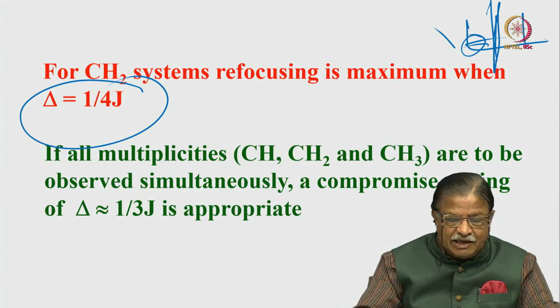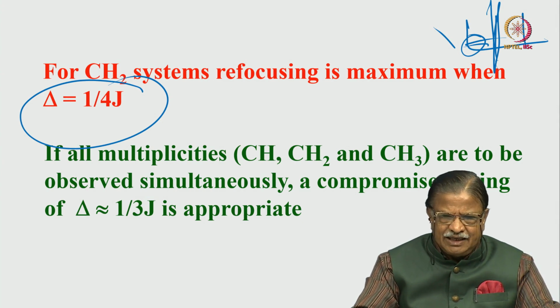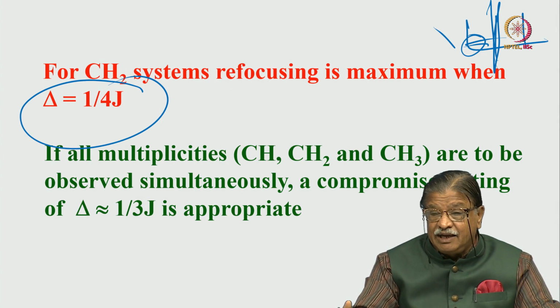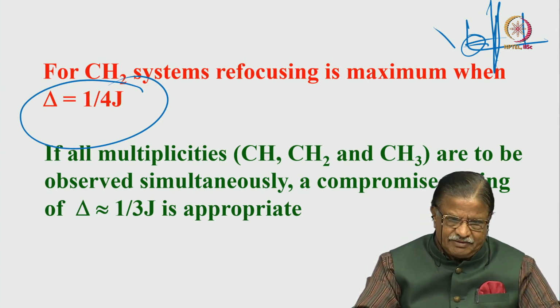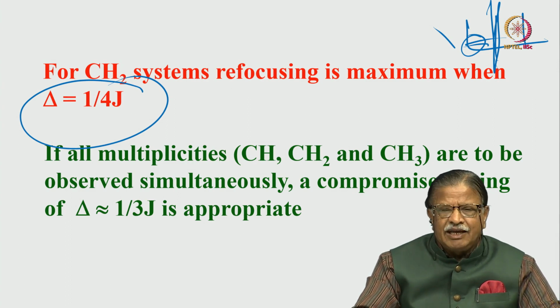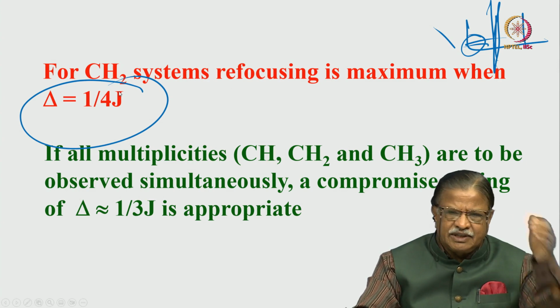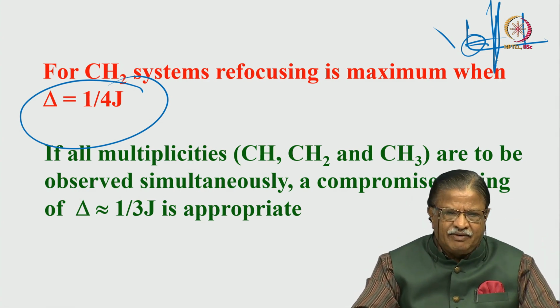And if all the multiplicities are there, CH2, CH3, etc., the different carbons attached to different protons will have different J couplings, and you cannot keep on varying the delay according to J for different CH, CH2, CH3 carbons. What we have to do is arrive at a compromise setting of the value.